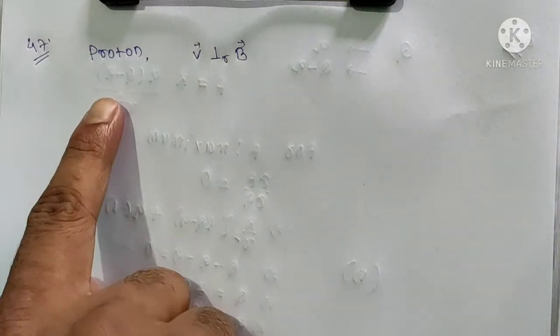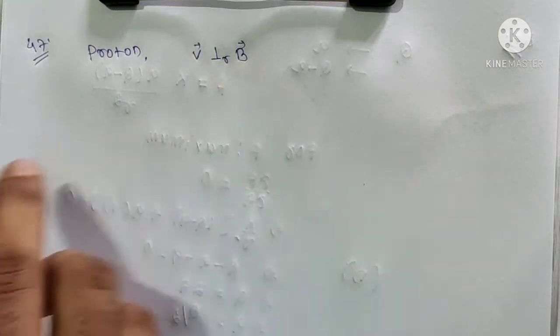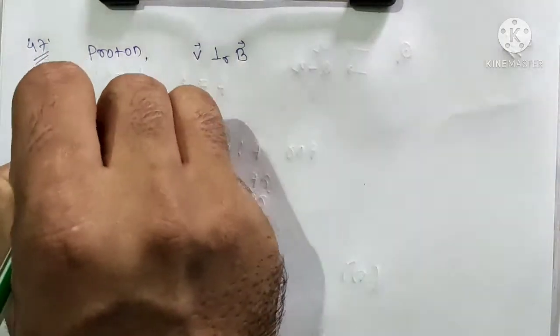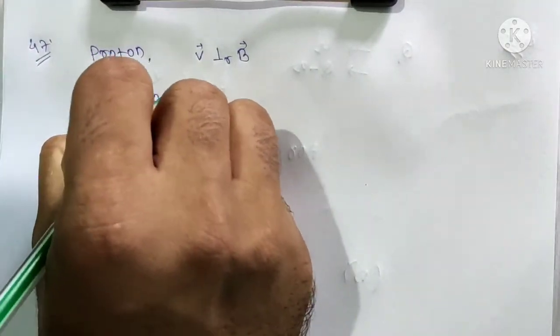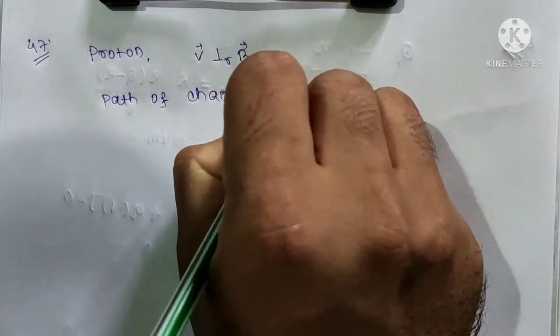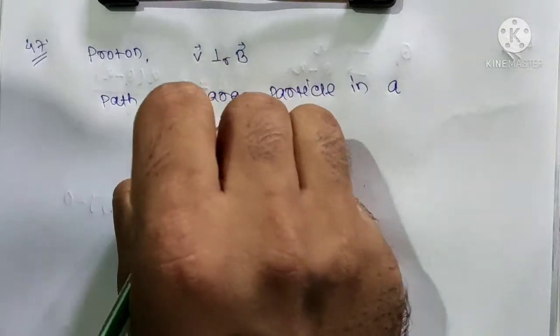So look, the proton is entering the magnetic field at right angle to the magnetic field. So velocity is perpendicular to the magnetic field. We have to find the path followed by the proton. So look, there are generally three types of paths, so you should remember them: the path of a charged particle in a uniform magnetic field.